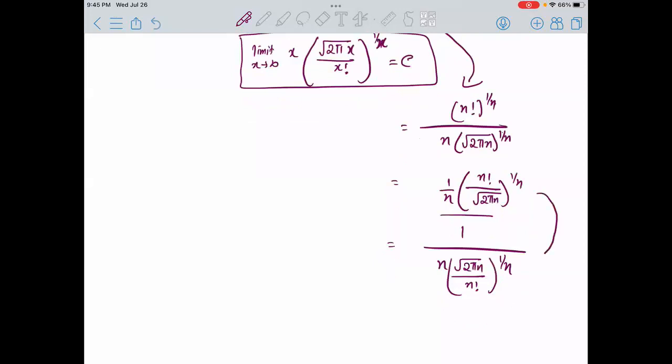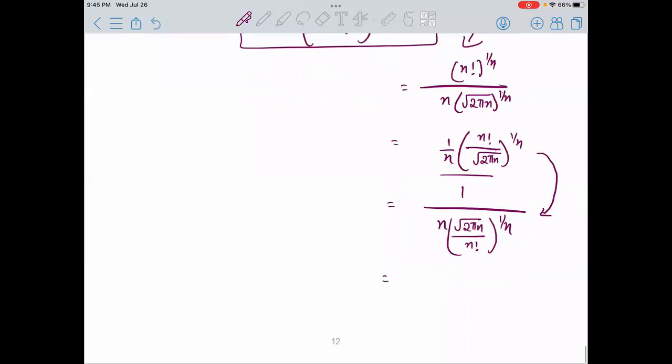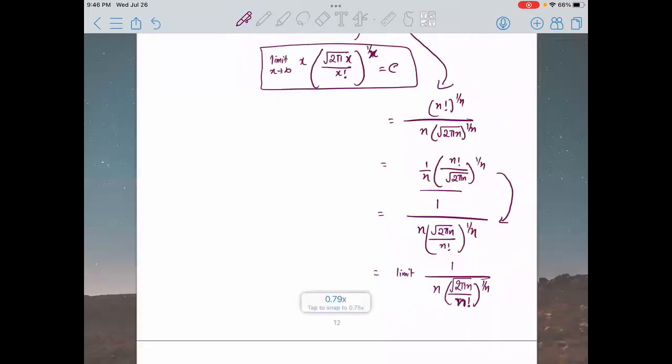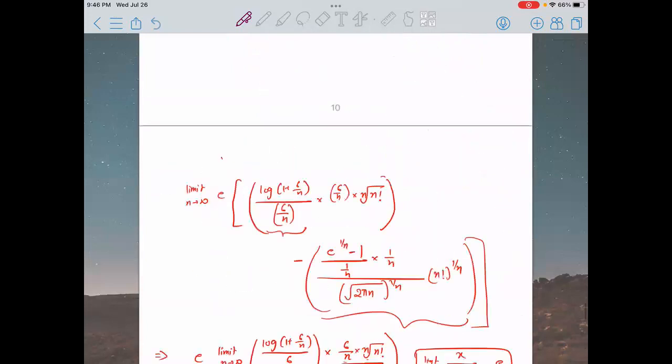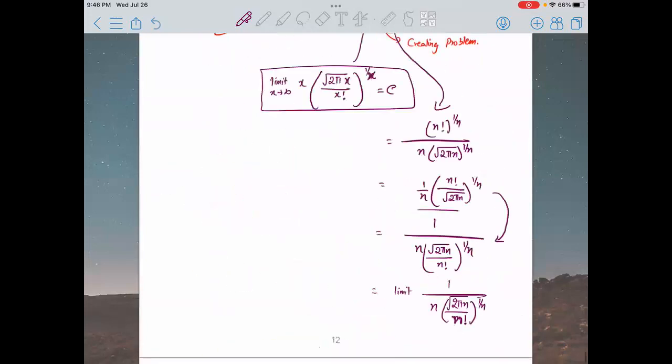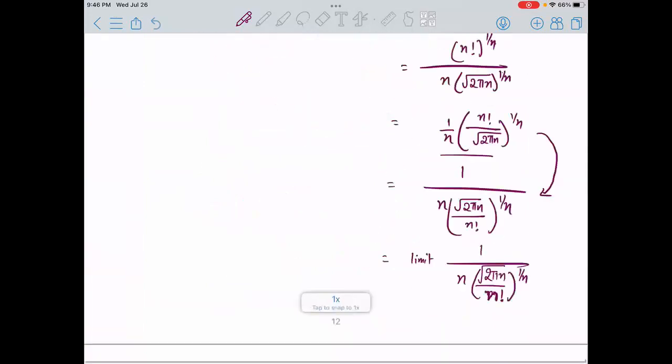So we will apply limit. Limit of 1 by n into root 2 by n divided by n factorial to the 1 by n. So finally what will we get?